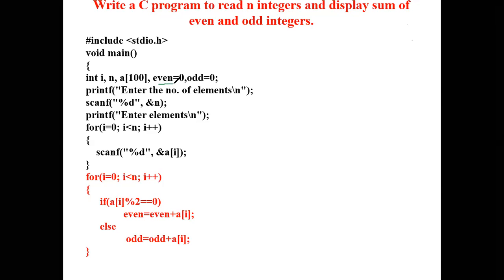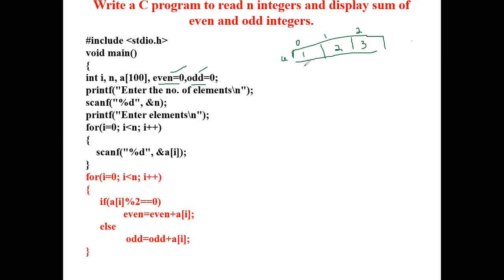So for storing the even sum, we are using a variable even. Okay, let me take an array with the values 1, 2 and 3. So for storing even sum, we are taking the even variable and another variable odd for storing the sum of odd numbers.